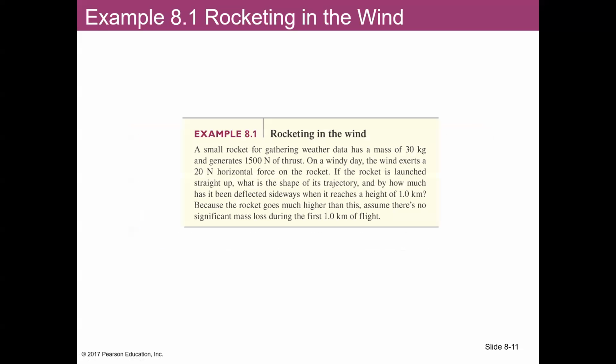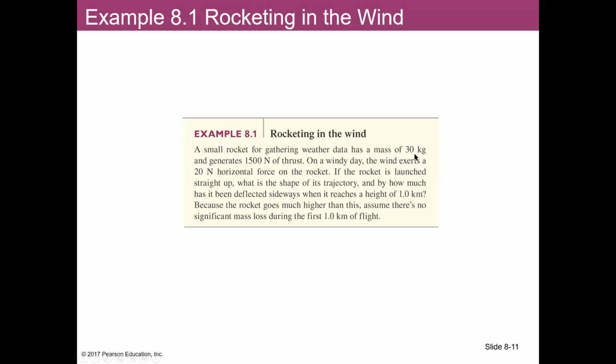So that's the assess step. Okay, here's an example of rocketing in the wind. You've got a rocket that's launched, and how do you model wind, actually? How you model atmospheric effects will decide how complicated the problem gets. So in this example, which is something you should certainly read on your own, pause the video if you need to, read on your own, try to write it out, try and solve it on your own.